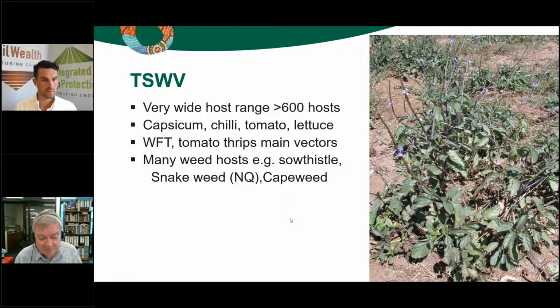And I guess the real issue internationally with tomato spotted wilt really came once the western flower thrips started to move internationally. With that followed huge outbreaks of tomato spotted wilt virus. It has many weed hosts, including sow thistle, in North Queensland snakeweed, which is the weed over on my right, and then in southern areas, things like capeweed can be a really major host of both the virus and the thrip.